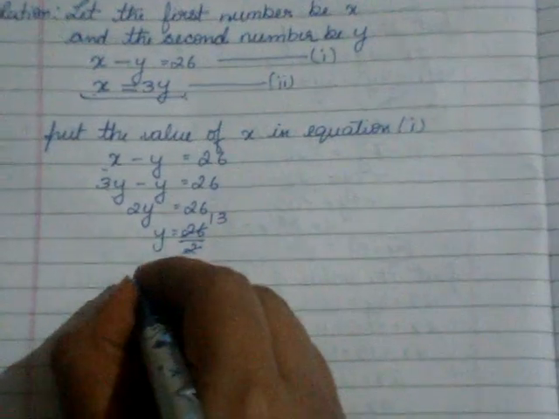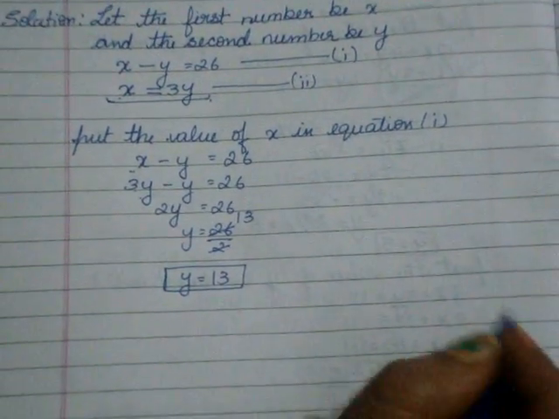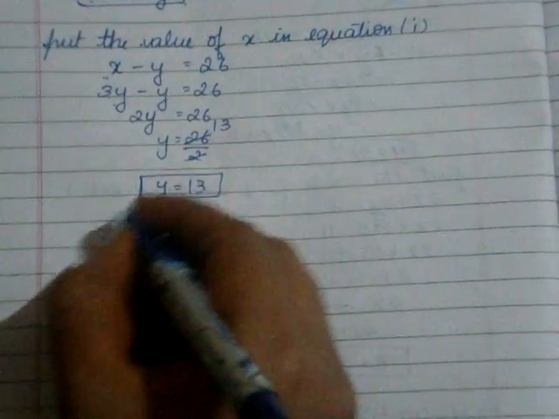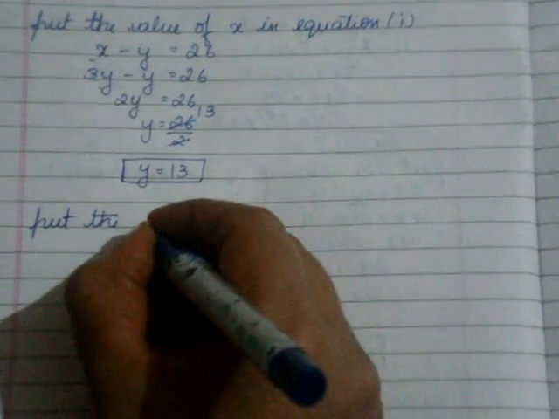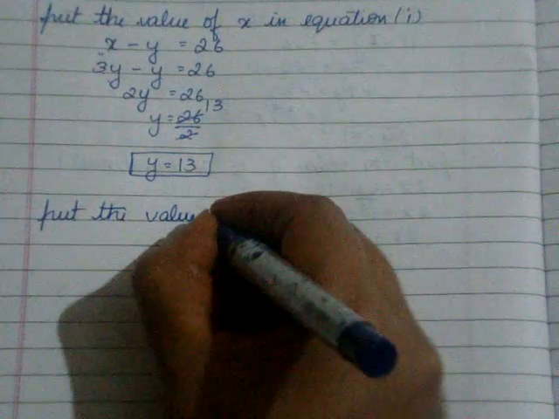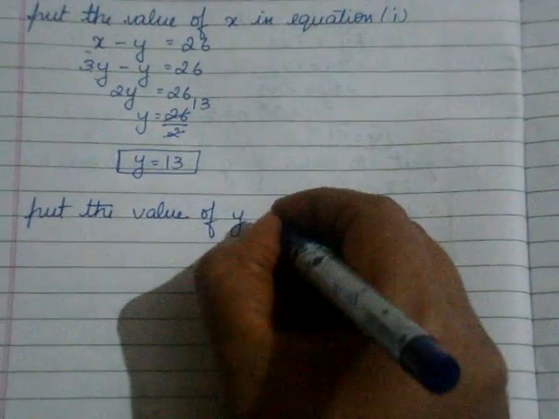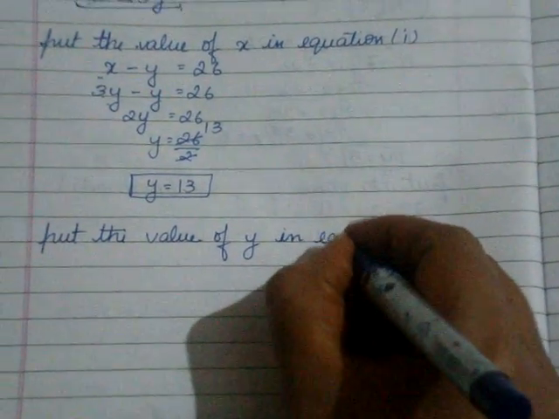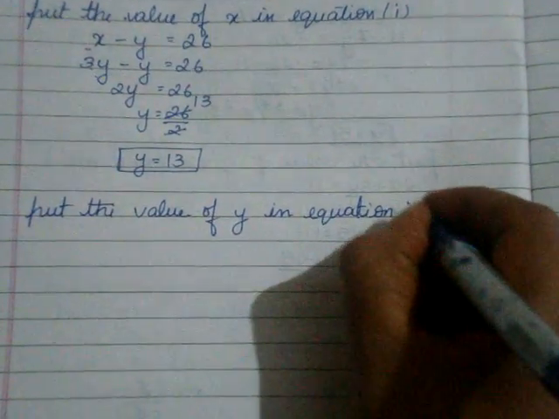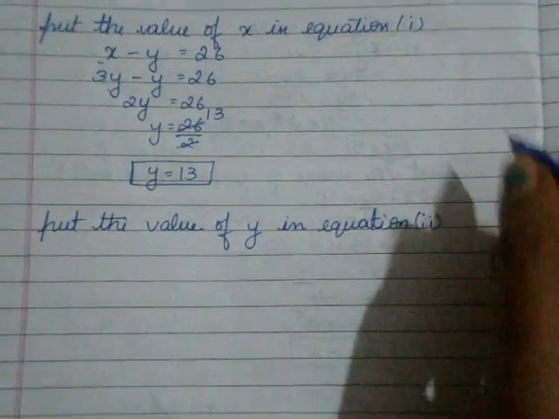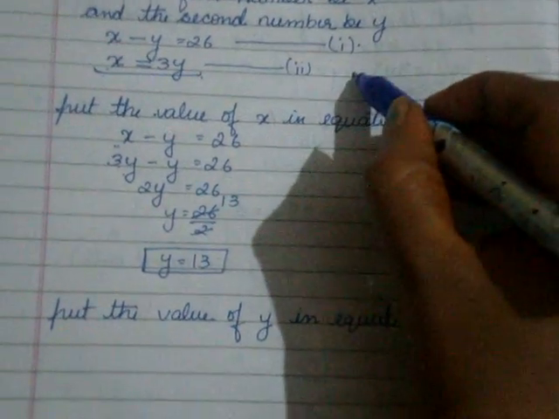What did we get? We got y. What is left? We should find x. Now you have to put the value of y in equation 2. Here every time I will say you can take any equation, either 1 or 2.